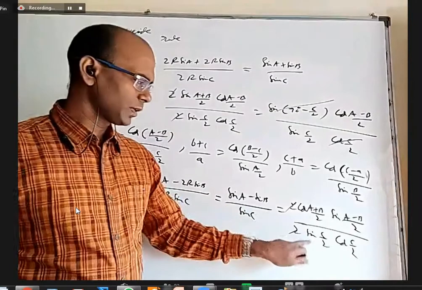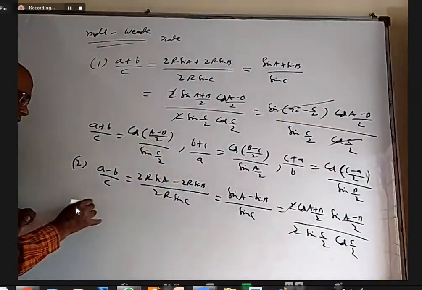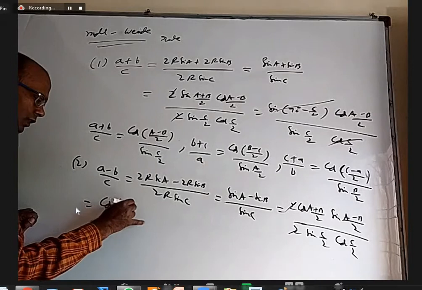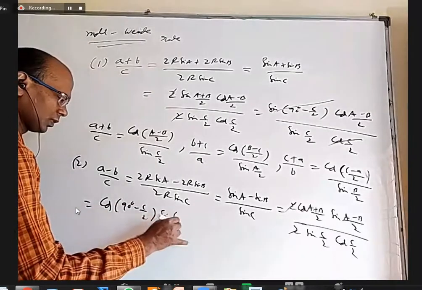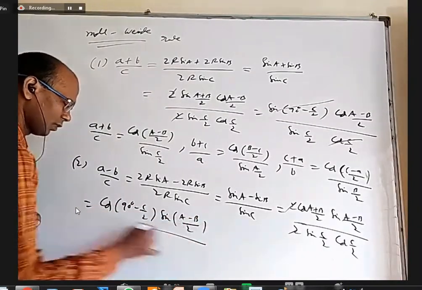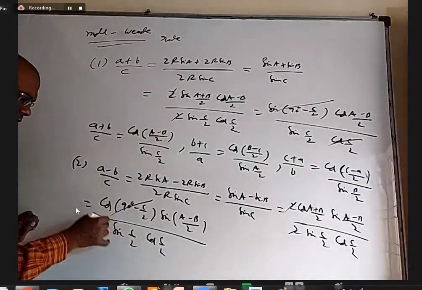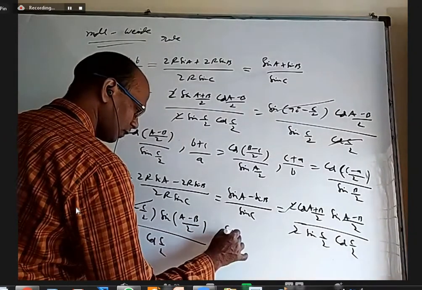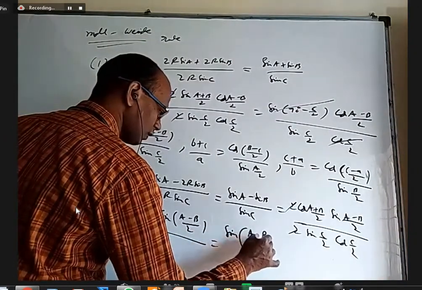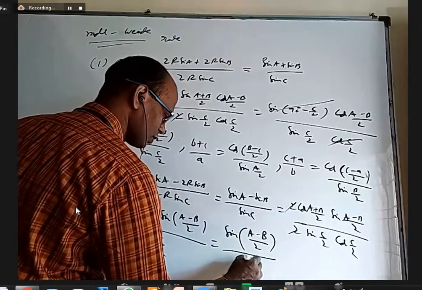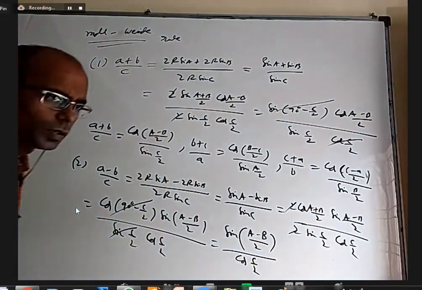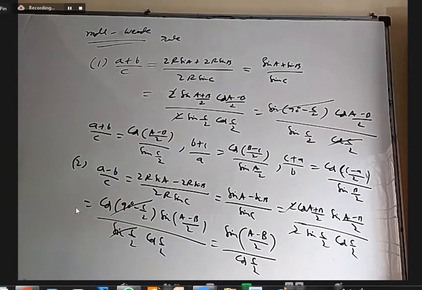When I write (A plus B)/2 as 90 minus C/2, the sine C/2 cancels, and I get sine (A minus B)/2 by cos C/2. You can write 3 such formulas if you want. (a minus b) by c is sine (A minus B)/2 by cos C/2.